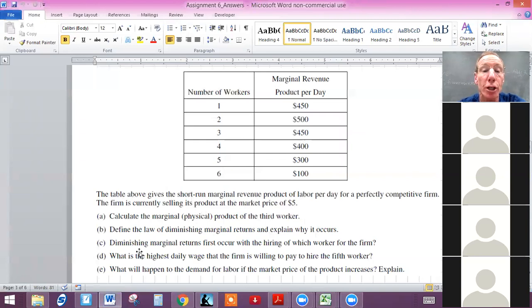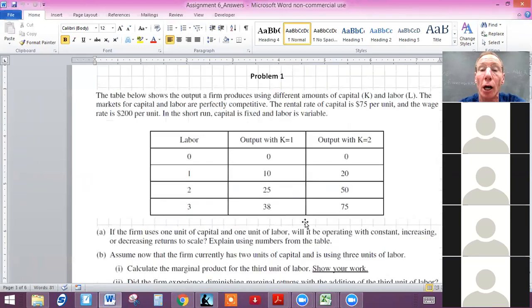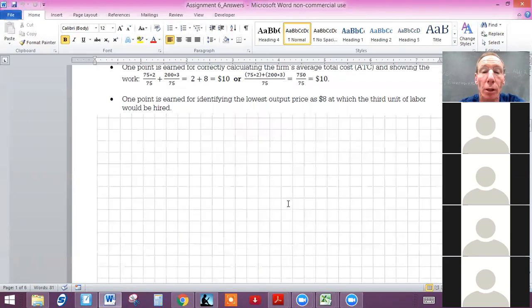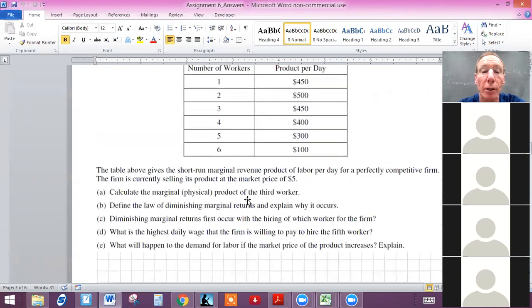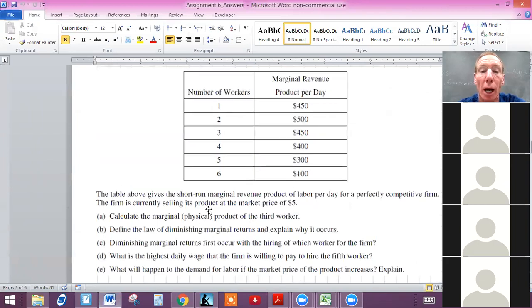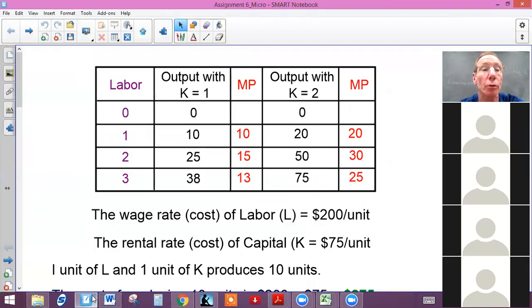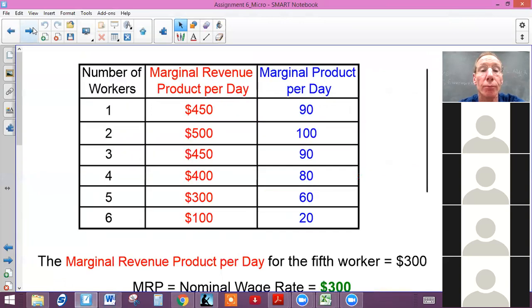They're asking you to calculate the marginal physical product of the third worker right here. So what do we do? Well, we don't go there. We go here.